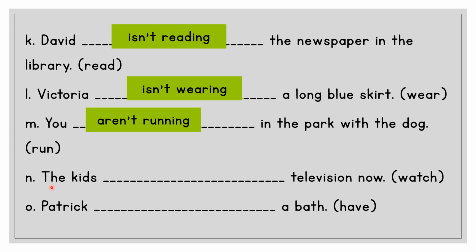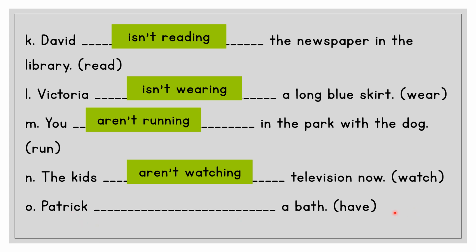Next, and the kids. So singular or plural? Plural. Isn't or aren't? Aren't. So the kids aren't watching television now. Okay. Oh, Patrick. How many people is Patrick? Singular or plural? Singular. Isn't or aren't?